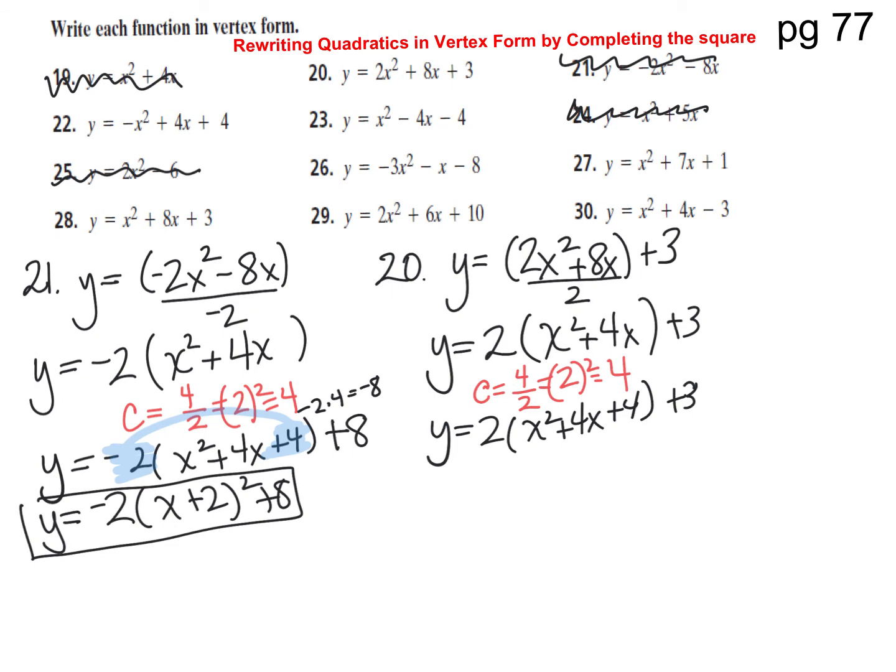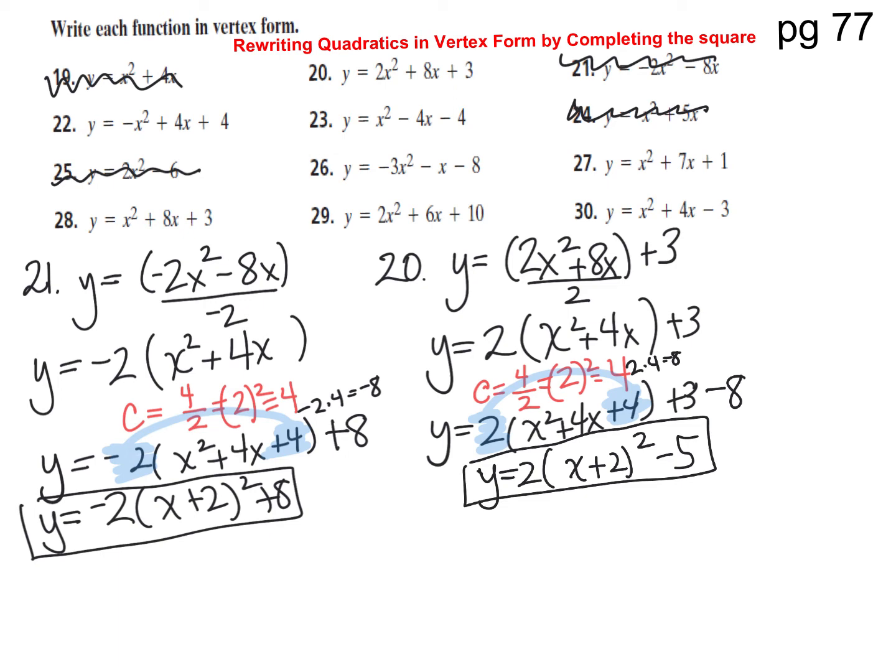Next, I'm going to multiply the number outside with the number that I just added inside. Don't forget that step, it's so very important. So 2 times 4 is 8. I added 8, so I'm going to subtract 8. y is going to equal 2 times the quantity x plus 2 squared minus 5. I factored and I simplified. So the vertex is negative 2, negative 5.